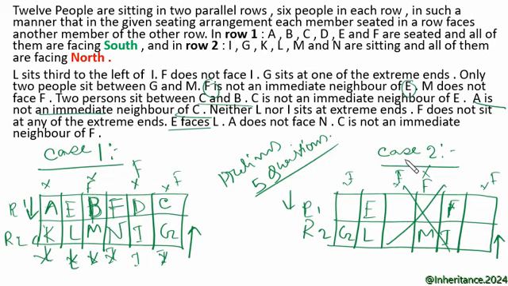If we make 2 cases, we see there are 3-4 possibilities for each member. F does not face I, and F is not an immediate neighbor of E, so F can be at any place and you have no idea.